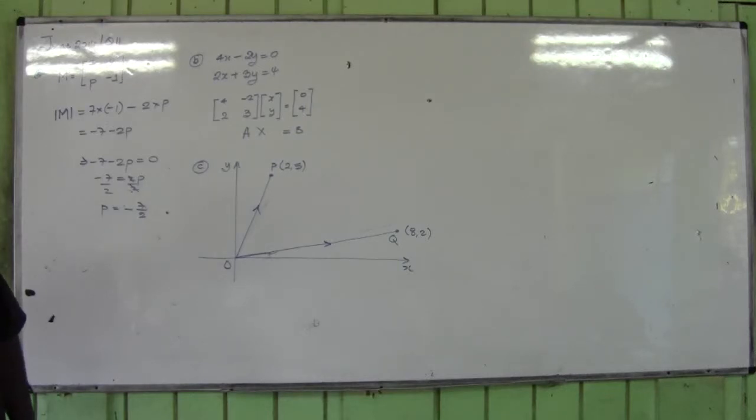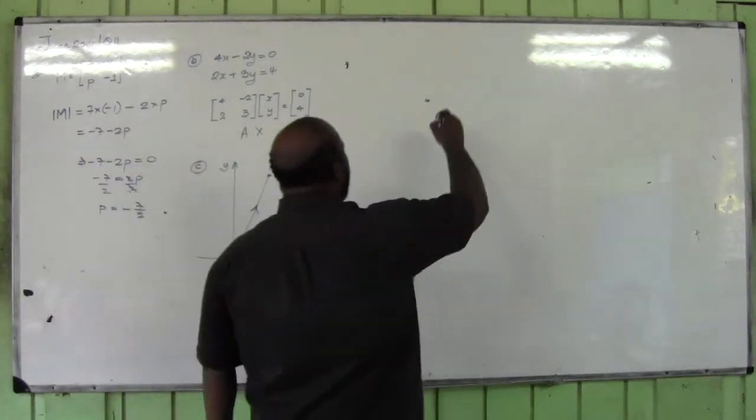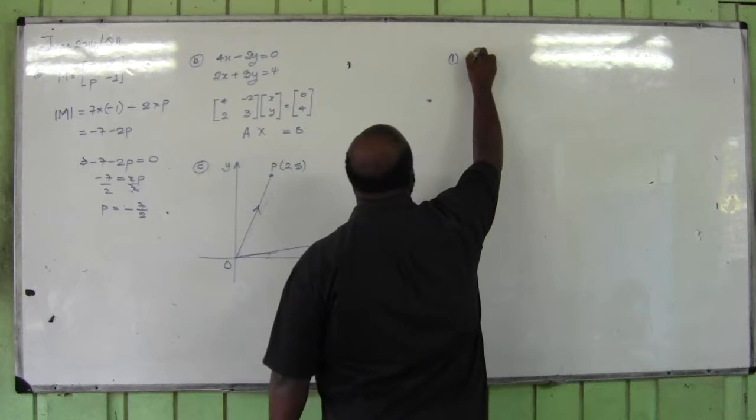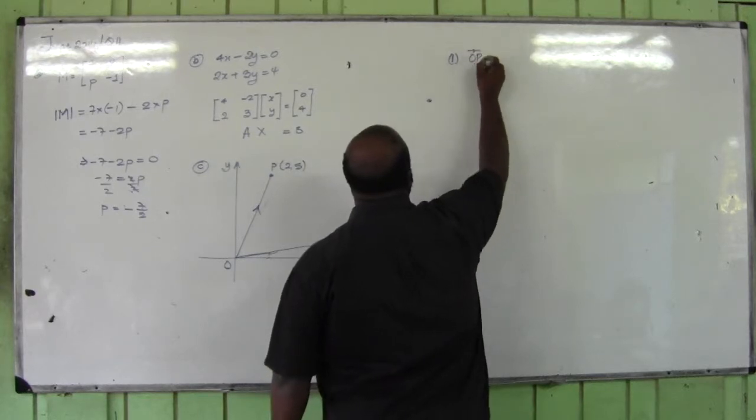It says in the diagram below, the coordinates of P and Q are 2, 5 and 8, 2 respectively. The line segment joining the origin to the point P may be written as OP with an arrow over it.